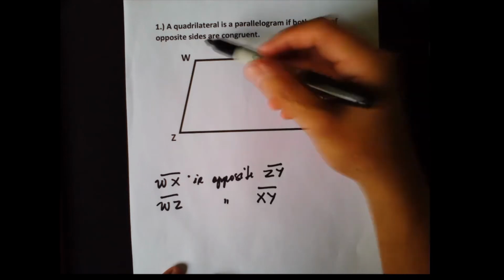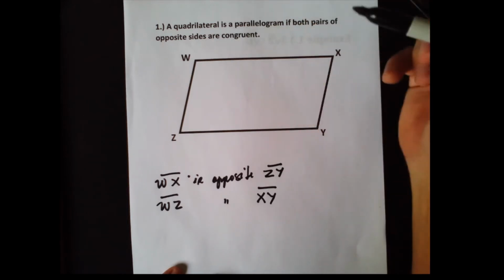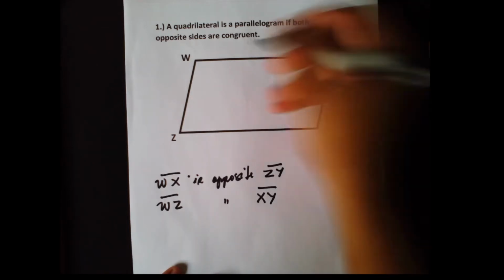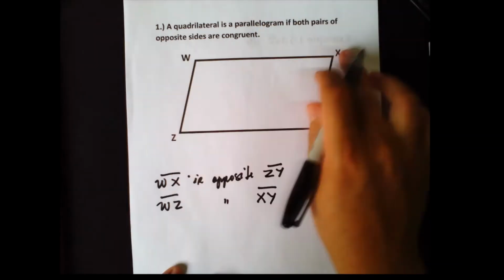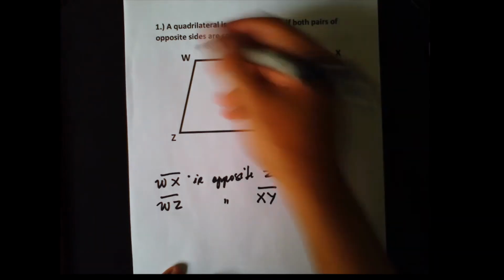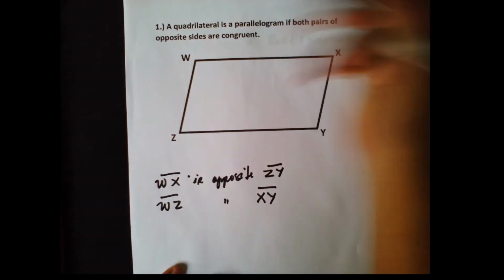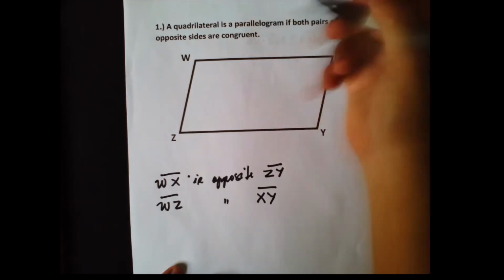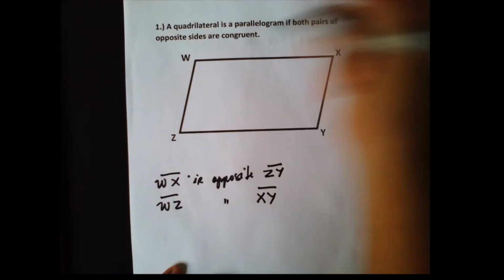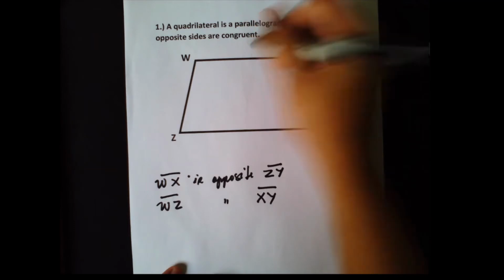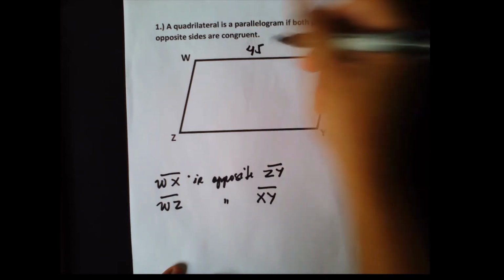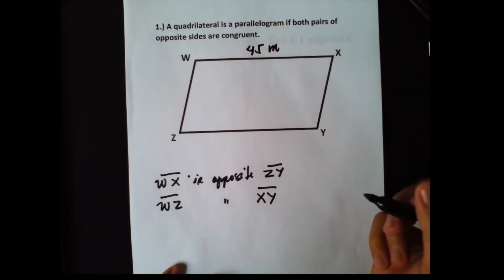Based on the condition, both pairs of opposite sides are congruent. Let's have values for them. Let's say WX has a measurement of 45 meters.